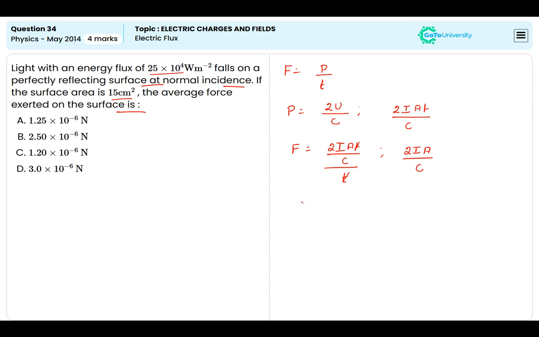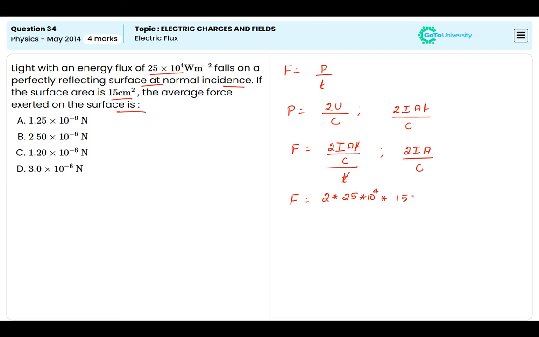Then the average force F is equal to, substituting the values, 2 into I, which is 25 into 10 to the power of 4, and A is equal to 15 centimeter square.